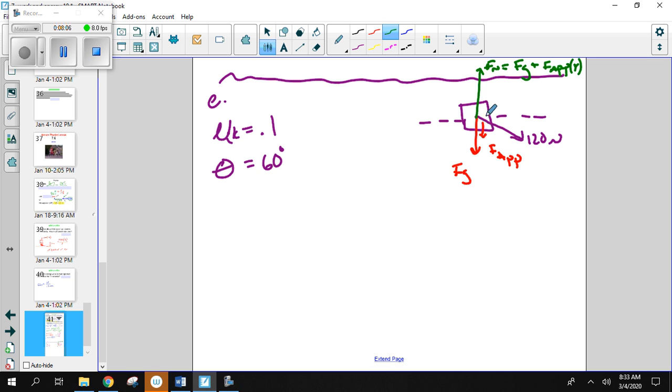So we need to figure out that component right there. So if this is our angle right here, then this should be the opposite side. So the y component should equal 120 newtons times the sine of 60 degrees.